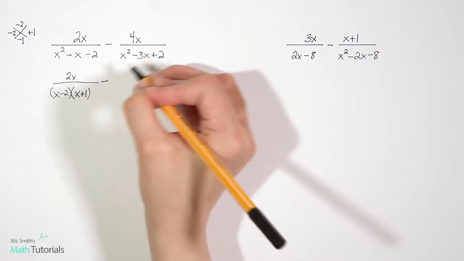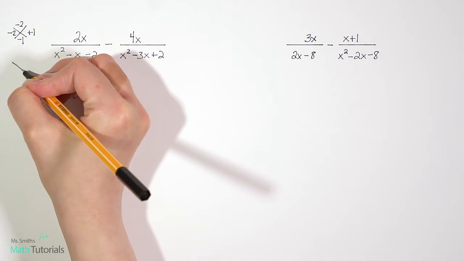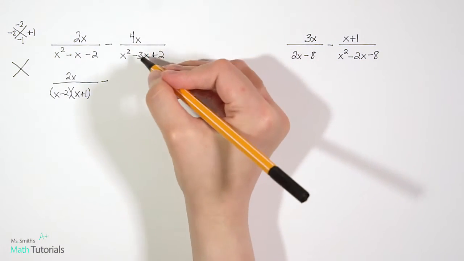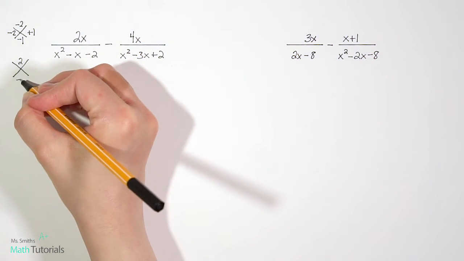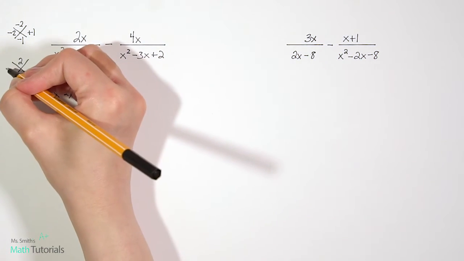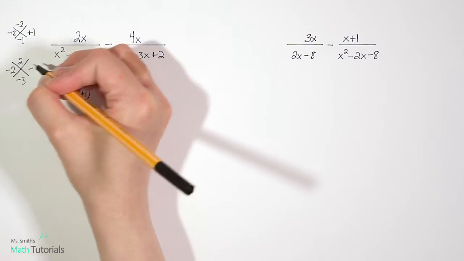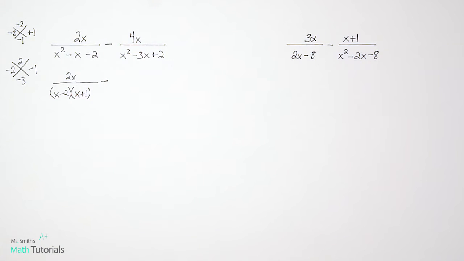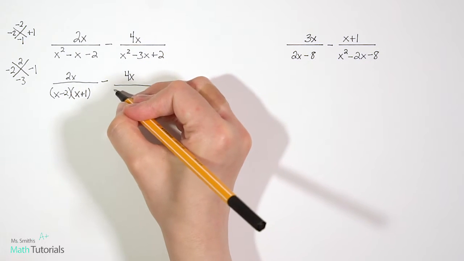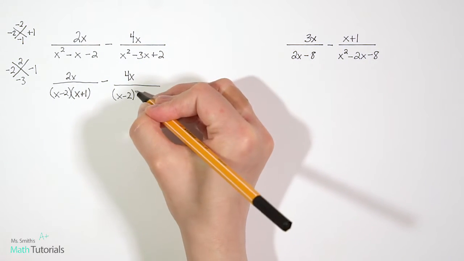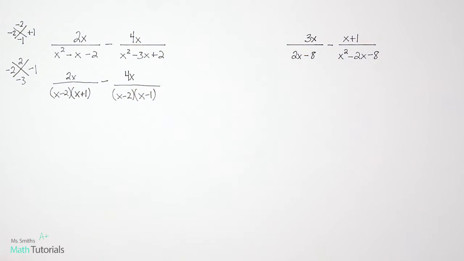And now we'd want to factor the second one. In this one, we've got an a times c of 2 and a b of -3. I know both would be negative, and it would be -2 minus 1. So we've got a 4x over x minus 2, x minus 1.